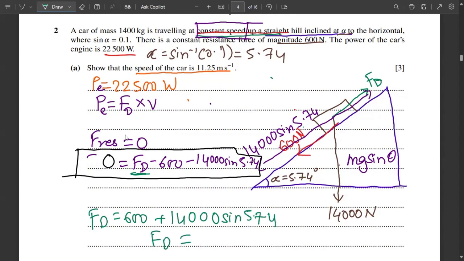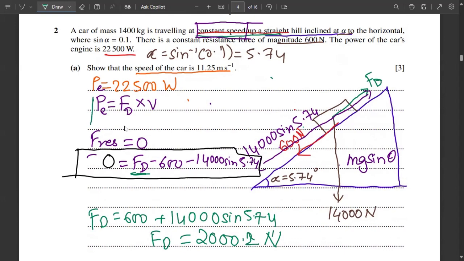Let me check if I missed something. 600 downwards, this downwards. Yeah, I'm clear. So 600 plus 14,000 sine 5.74. The answer in the calculator which I got is 2000.2 Newton.